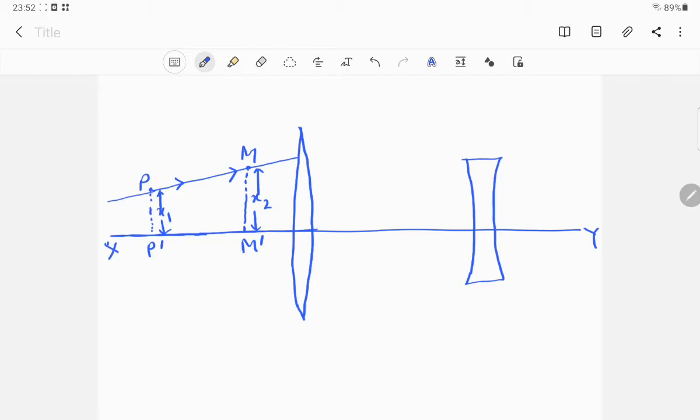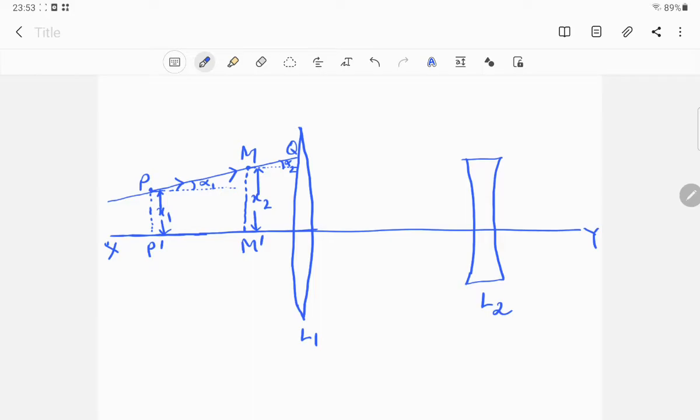Now see that this ray of light at the point P is making an angle, let me name it alpha 1, and the similar ray of light at M is making an angle alpha 2 with the principal axis, and the point at which it strikes the lens L1, I will name it as Q.